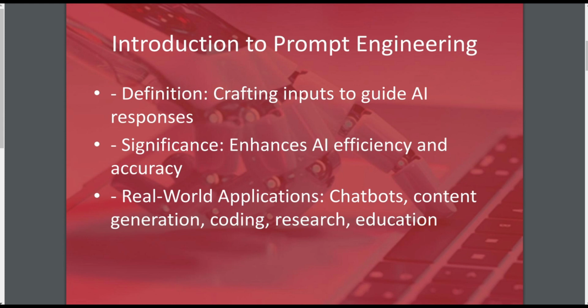So what is the significance of this? The reason why we are doing this is to enhance AI efficiency, and at the same time its accuracy. I want you to understand that this is critical for us to receive reliable and accurate responses, and to establish ethical AI use.